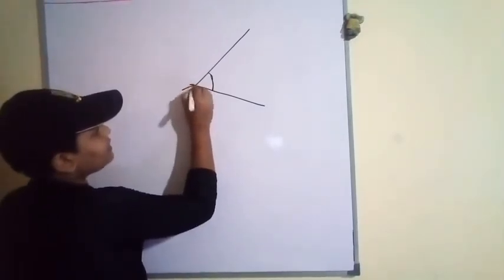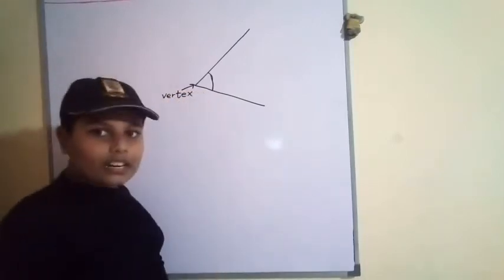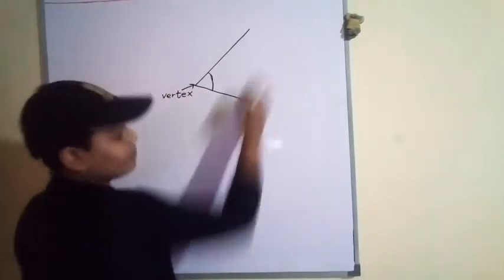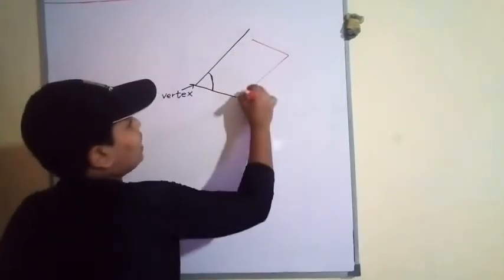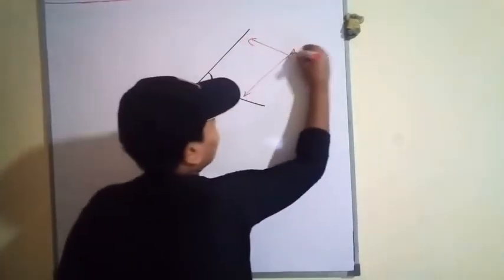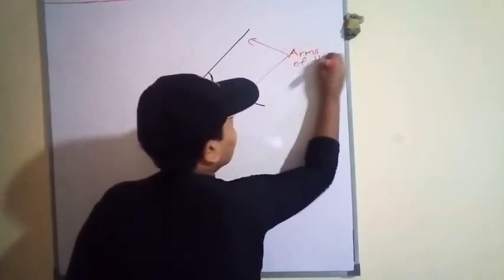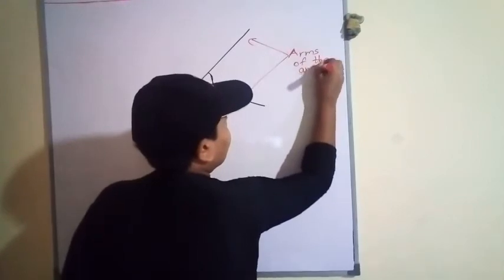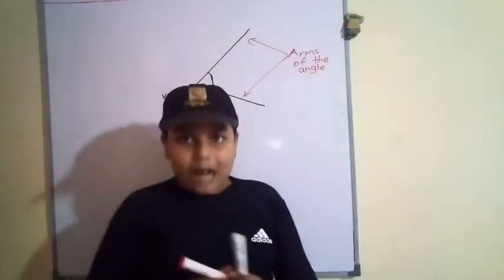We can name it the vertex. Now you can get these two arms of the angle.